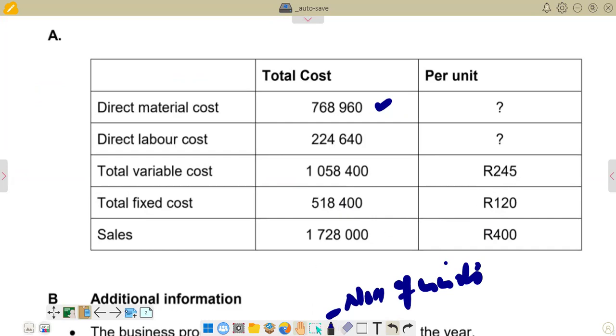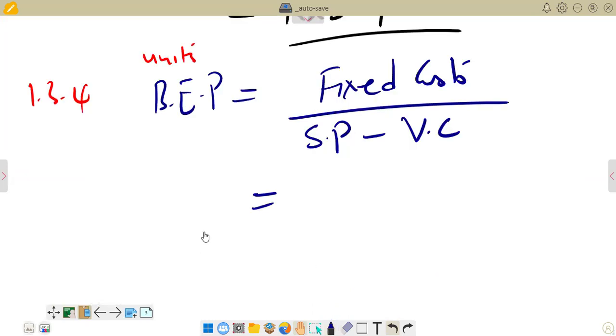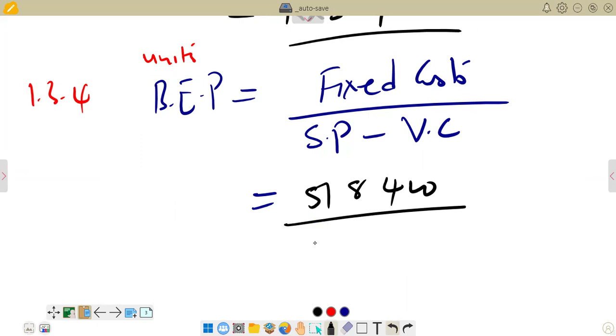So that means, remember, we are using our 518,400 as our fixed cost. And the selling price per unit, we're given it as 400. Subtract your variable cost, which is 245. Let's try to calculate it there. Calculate it correctly.